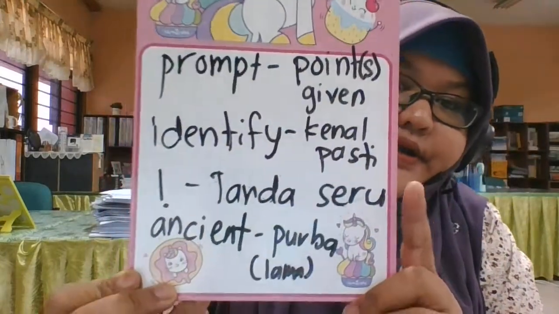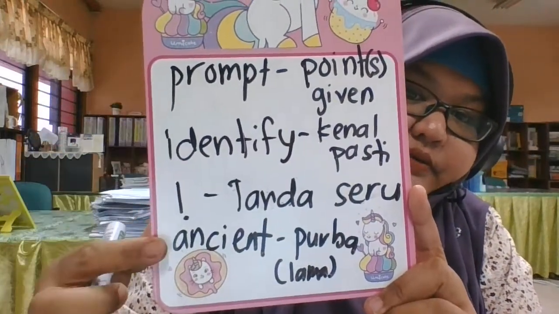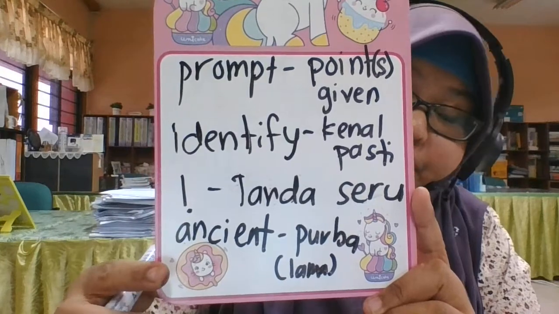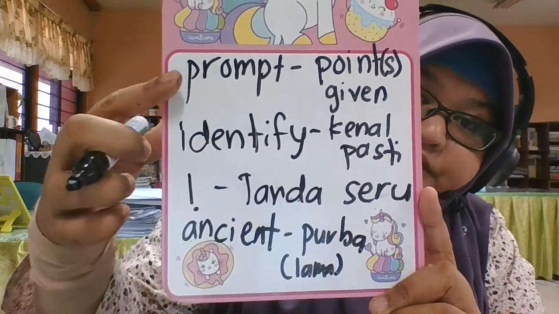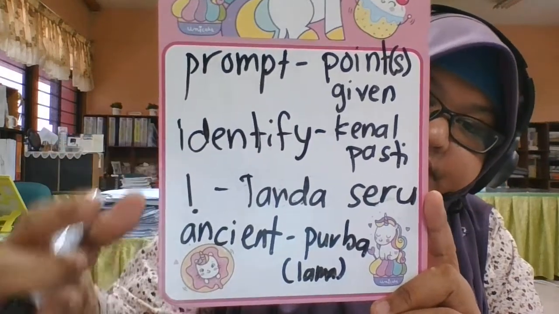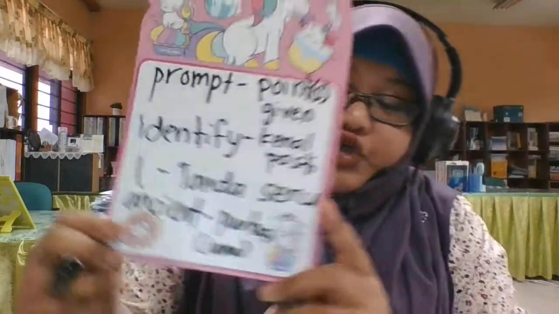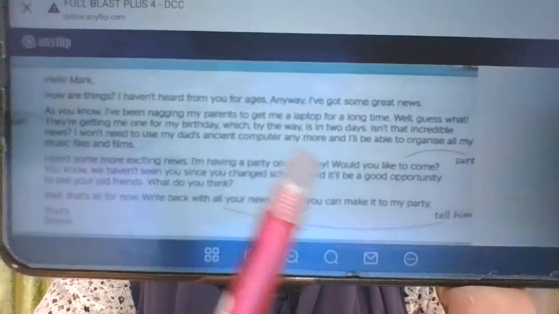So now you need to put in your vocabulary book, prompt, identify, ancient. Write down in the vocabulary book the words that you don't know. I would like you to continue reading.